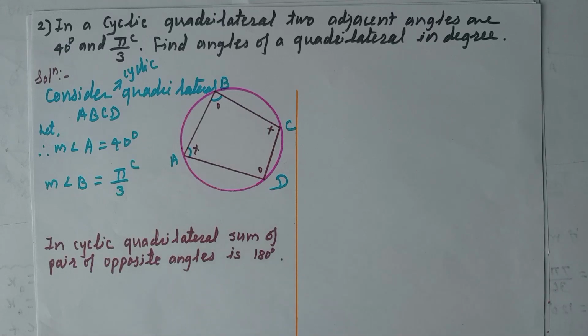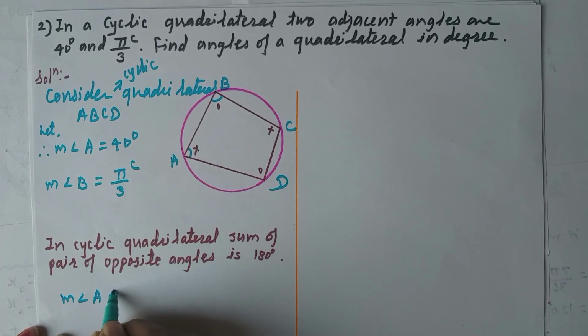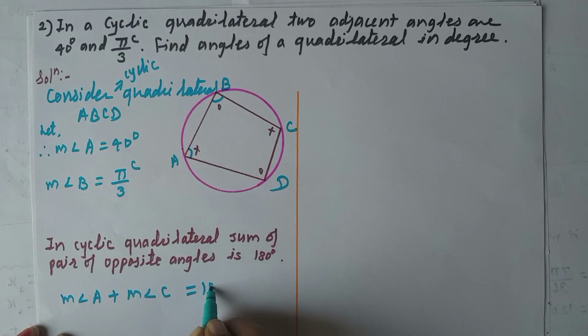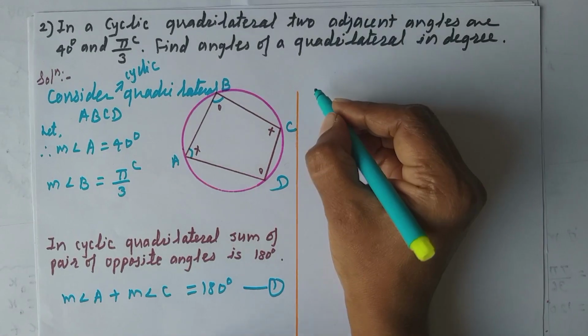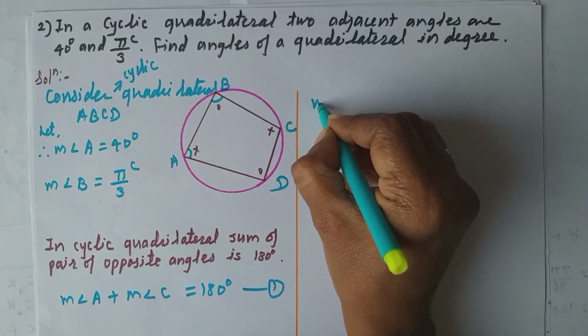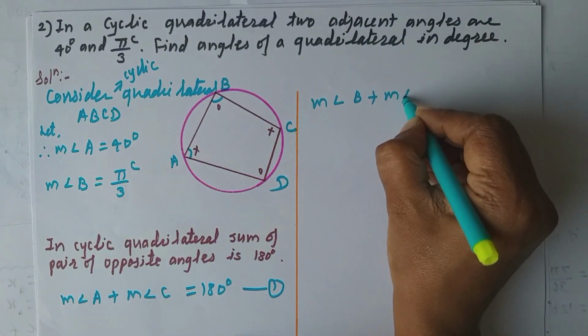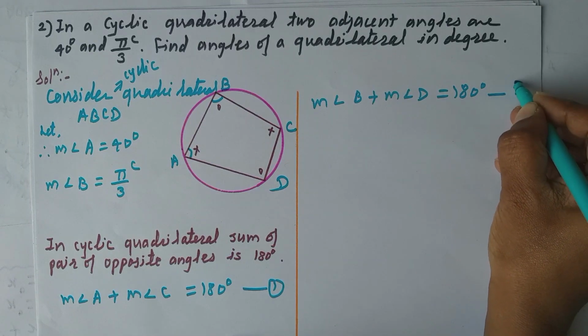By this property, I can write measure of angle A plus measure of angle C is equal to 180 degrees. This will be the first equation. And the second equation, measure of angle B plus measure of angle D is 180 degrees.